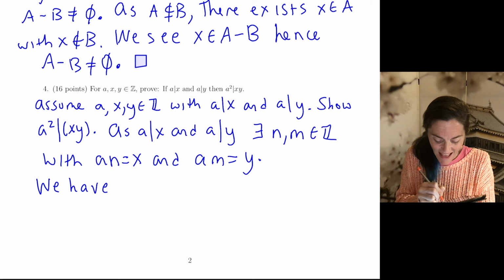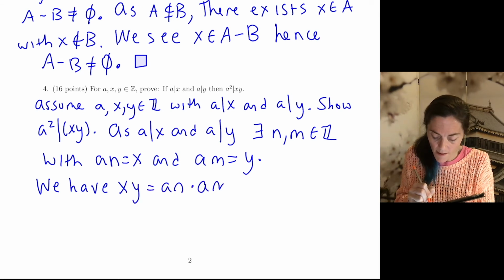We have X times Y, this is An times Am, which is A squared times nm.